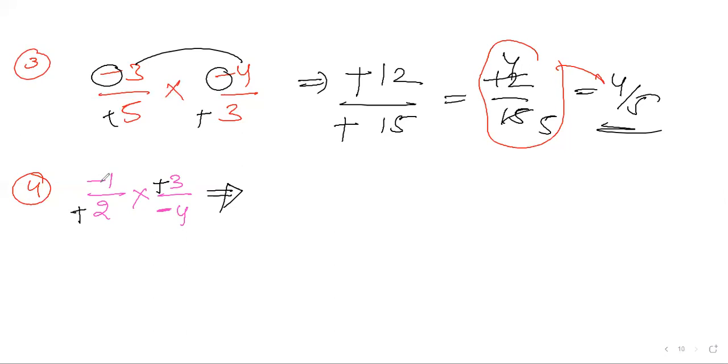Minus into plus, minus. 1 into 3, 3. 4 2s are 8. Next, minus minus cancel. Answer is 3 by 8. Okay. Clear?